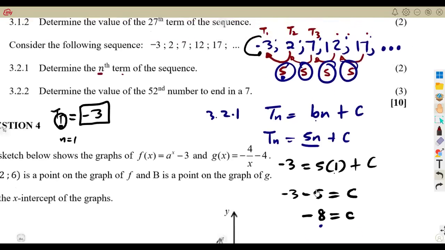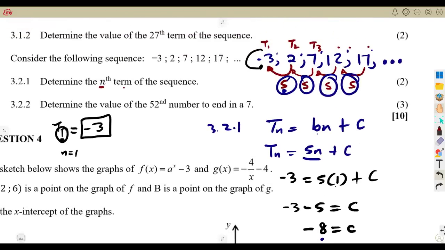Then on this question, it was an interesting part. We have to be very careful here because if you take a closer look, they are saying determine the value of the 52nd number to end in a 7.